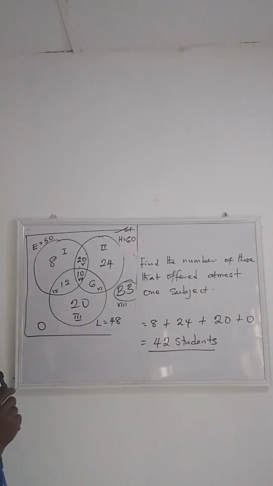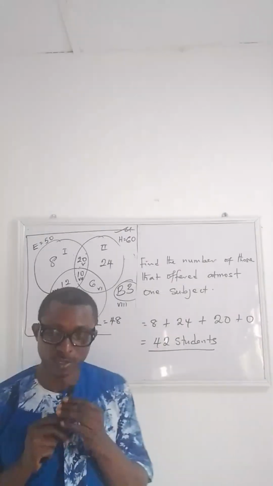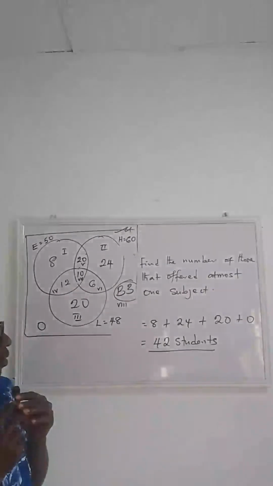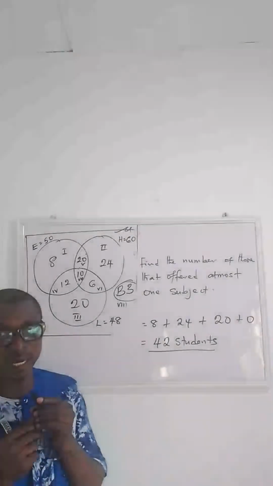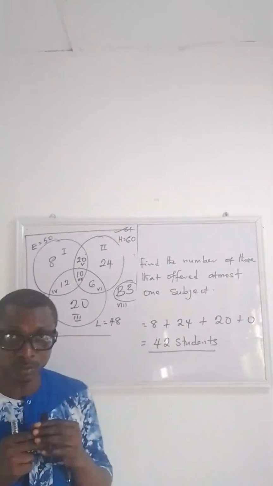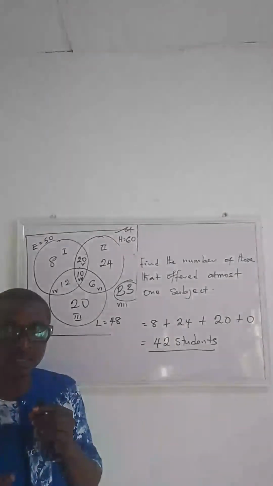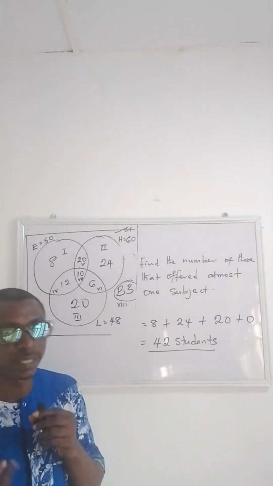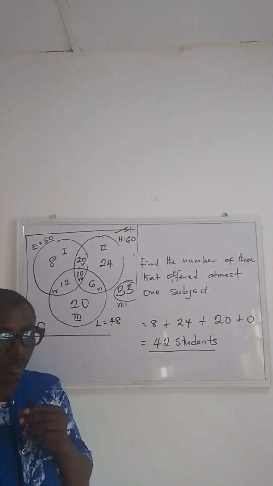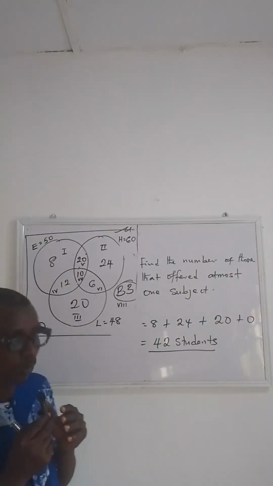That's very good for those of you that got the answer. And those of you that made attempts and didn't get the answer, don't be discouraged. Mathematics is all about trying. Keep on trying, and in time you will start giving us the correct answer.